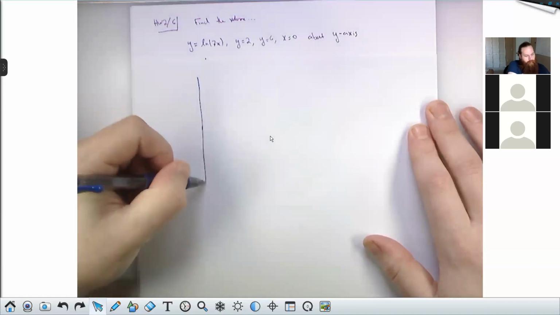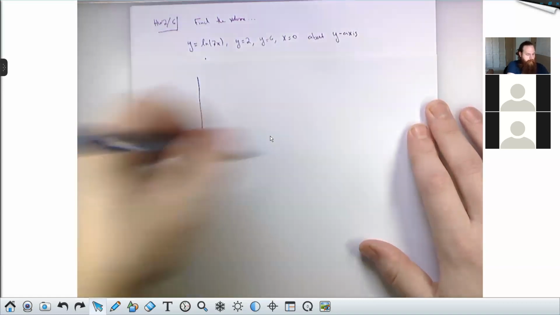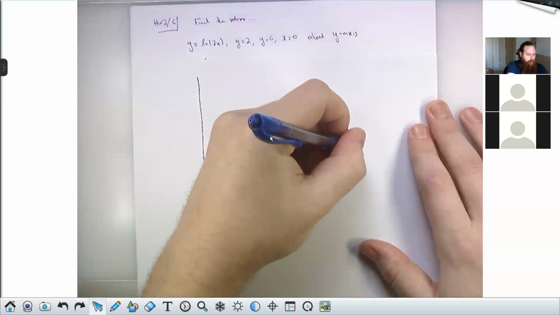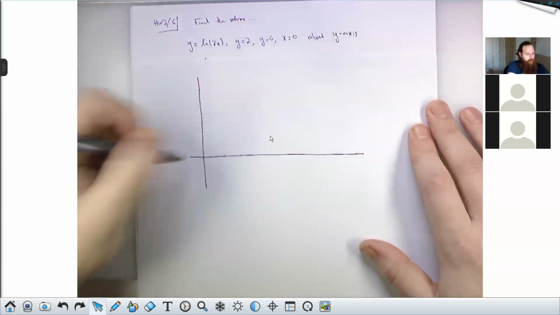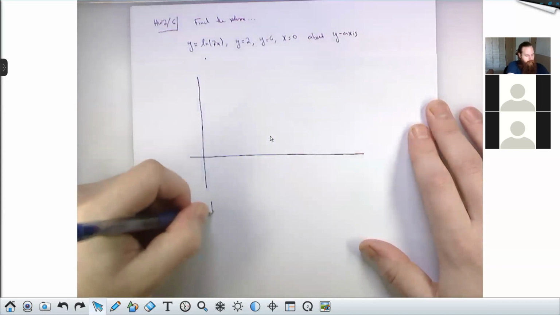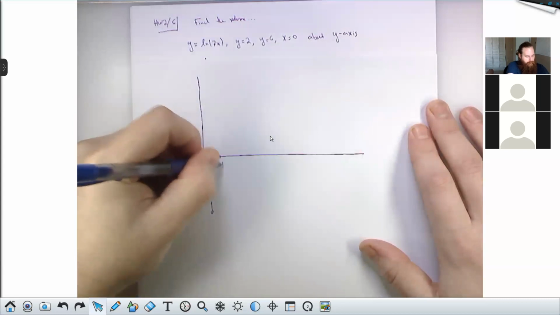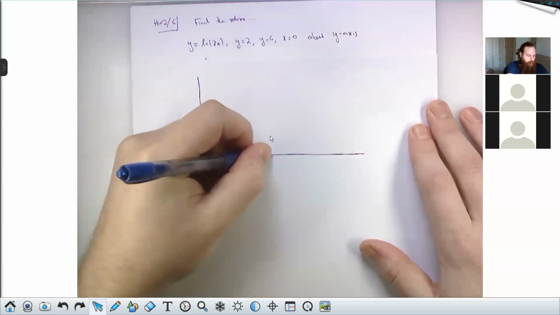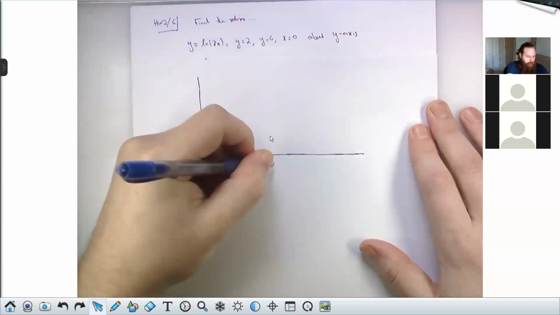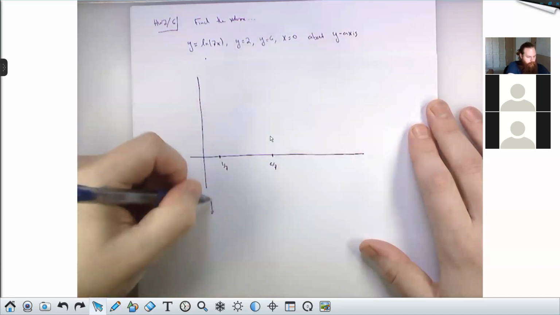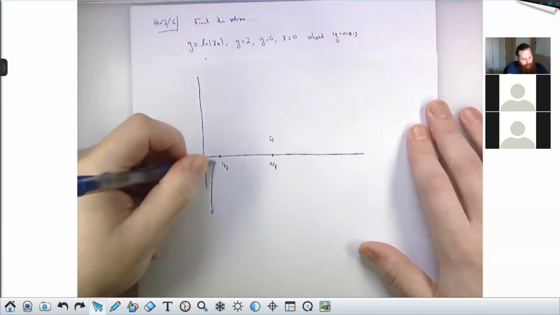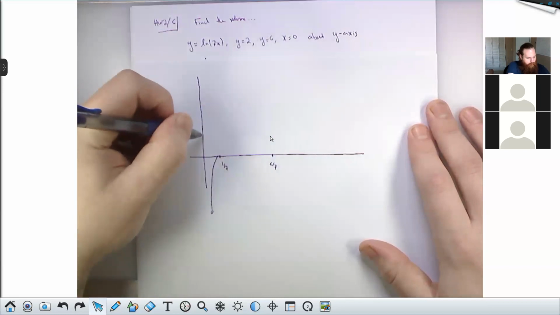So let me give myself a lot more vertical space in the positive direction. Here's 1/7. I'll mark e over 7, but then we're going to need a lot more vertical space. At e over 7, we're up here at 1.